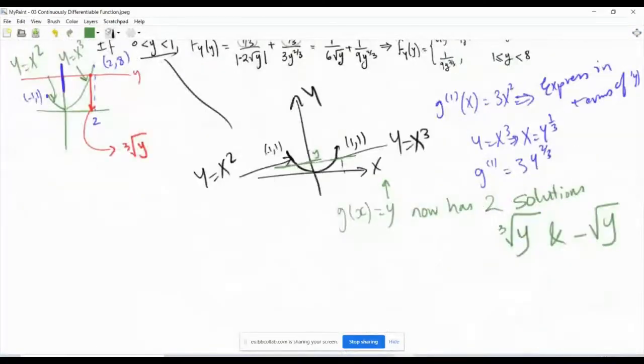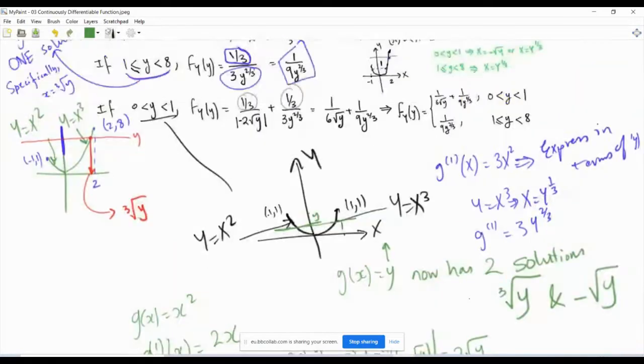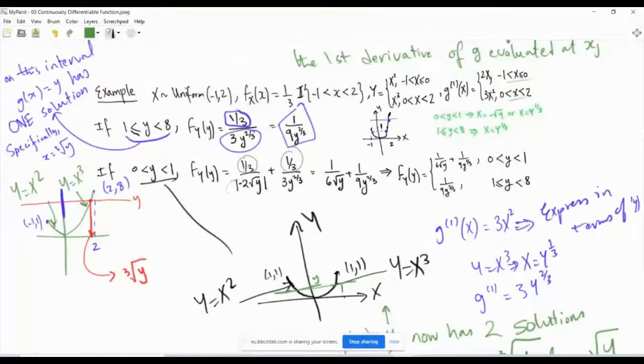So for example, if g of x is equal to x squared, then the first derivative is equal to 2x. So the first derivative evaluated at minus square root y will be minus 2 square root y, but we need to take the absolute value of this thing, and so it should be 2 square root of y. So what you find in the solution will be the absolute value.